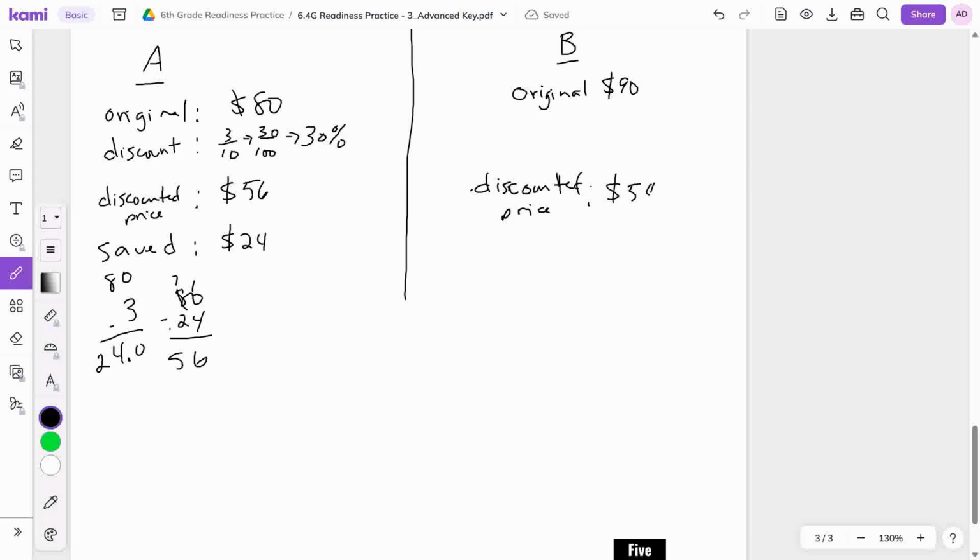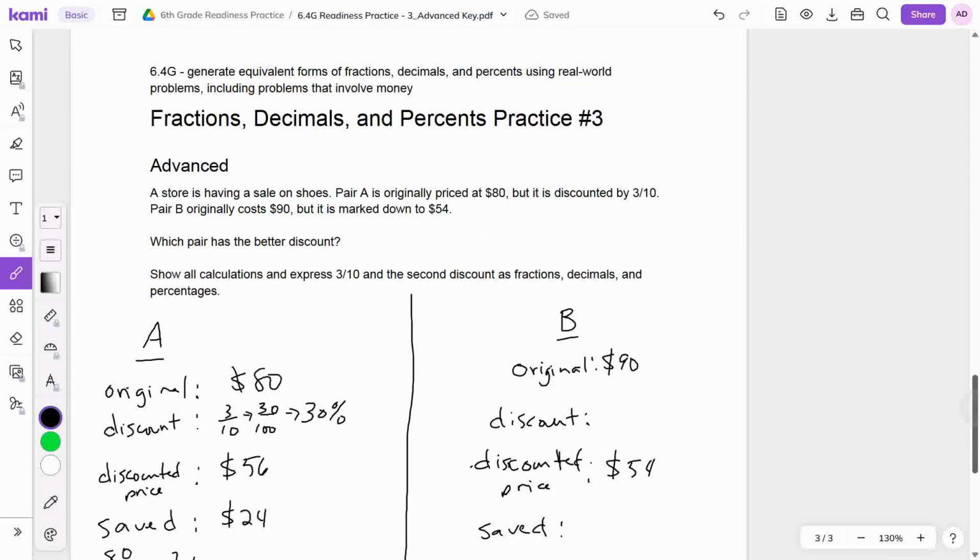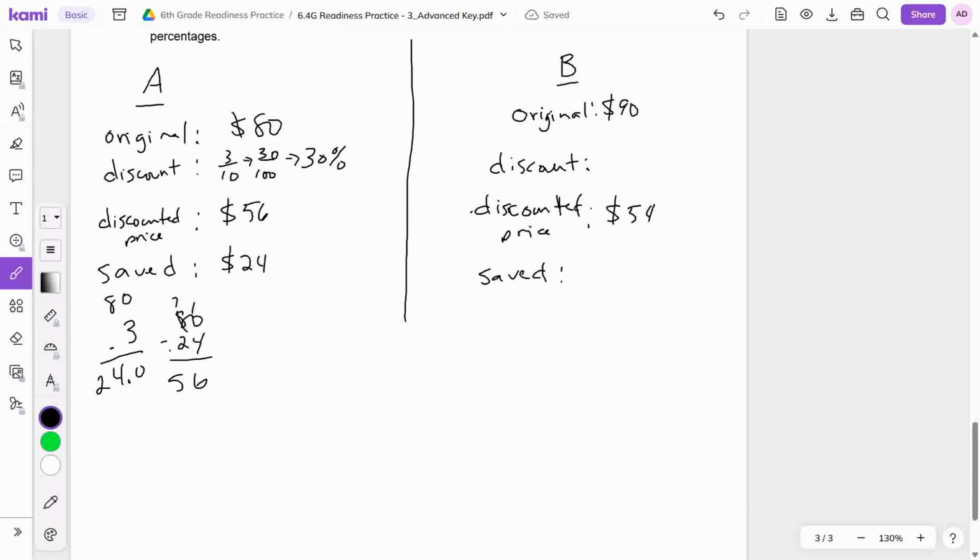All right, $54. And I'm also going to look for the discount and how much I saved. Well, I can figure out how much I saved, right? It was $90 minus 54, and that's going to be 36.